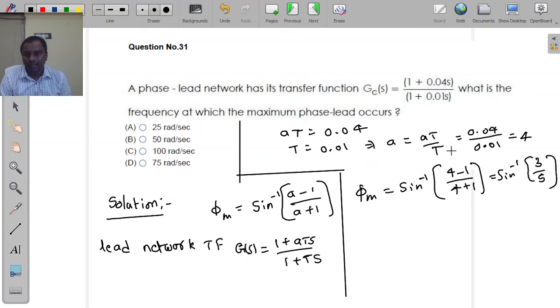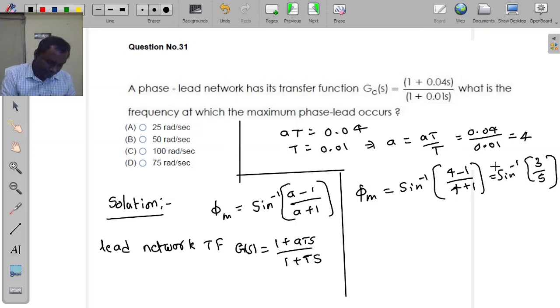So A equal to AT by T, which is 4. 4 minus 1, 3, divided by 4 plus 1, 5. 3 divided by 5.